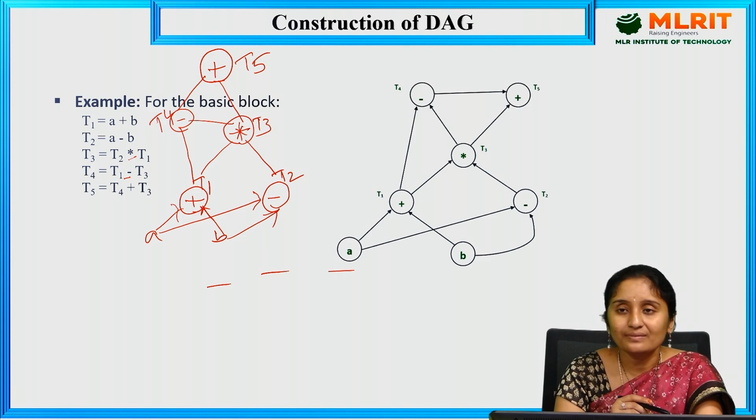So these are the things we have learned here. The directed acyclic graph can also be called an abstract syntax tree. By using this directed acyclic graph, we are going to mainly eliminate common sub-expressions, and by doing this, we are going to optimize the code. Thank you.